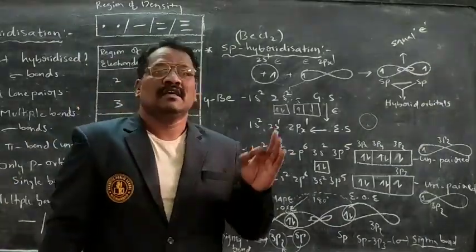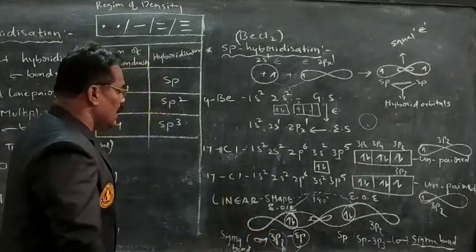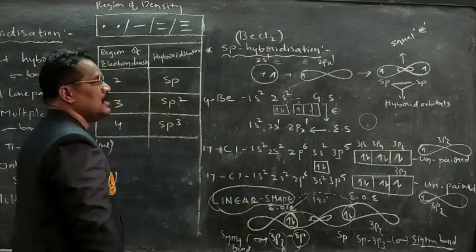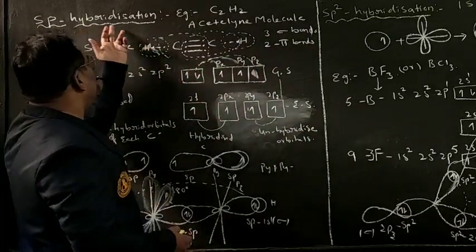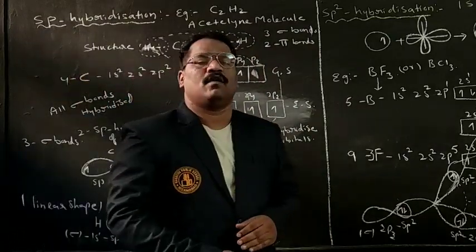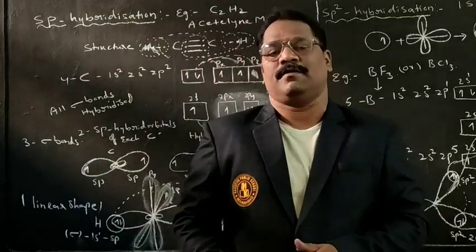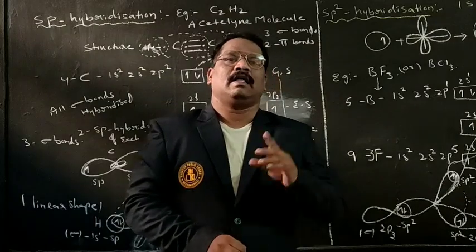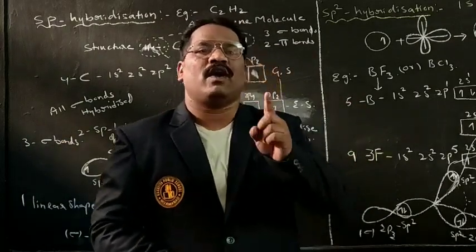That angle is 180 degrees in the beryllium chloride molecule, and the shape is called linear. We have discussed one example of sp hybridization, the formation of beryllium chloride. It attains a linear shape, and the angle between the two bonded pairs is 180 degrees.